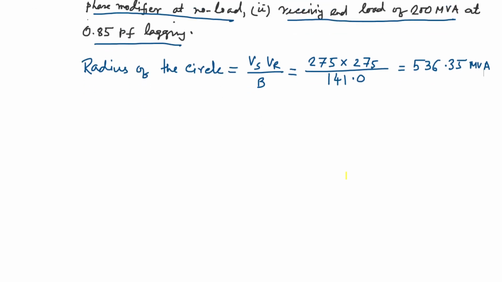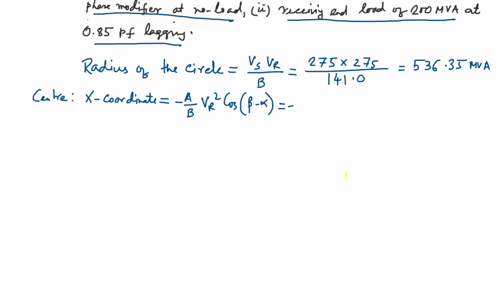Next we have the center of the circle. So the x coordinate. What is the formula? Minus A by B VR square cos beta minus alpha.